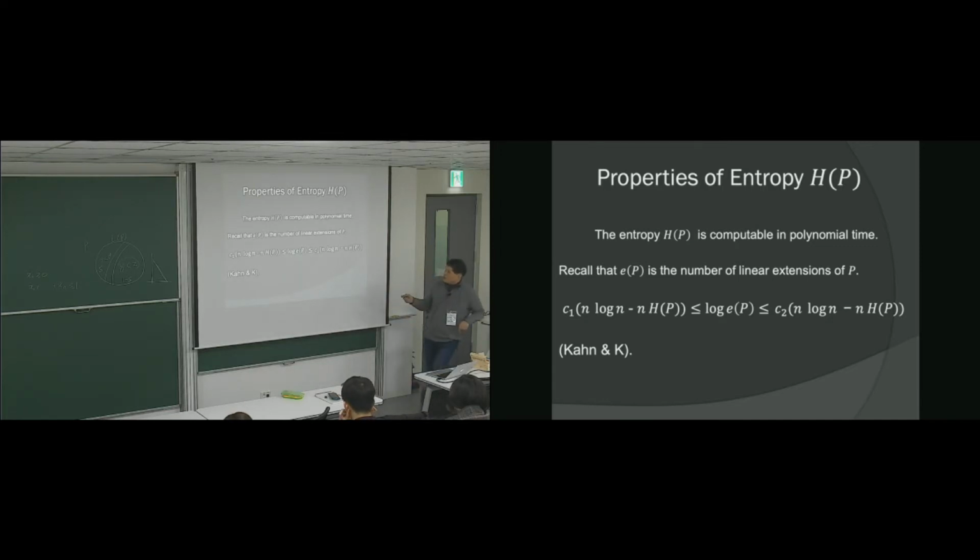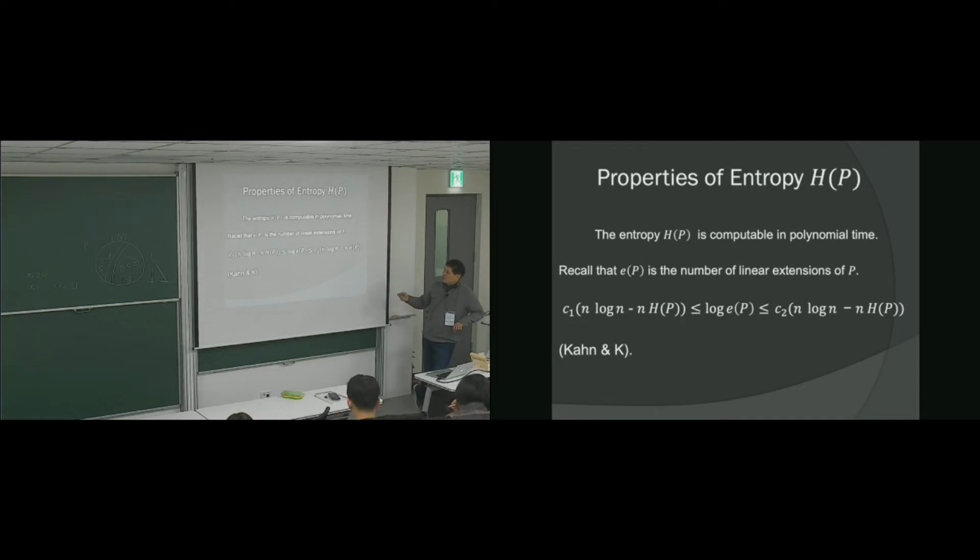We can bound the log of the number of linear extensions using entropy, with a lower bound and an upper bound that differ only by a constant factor. We hope that instead of using this one, which is hard to compute, we want to use this one. Why is this very good? Because entropy is computable in polynomial time.